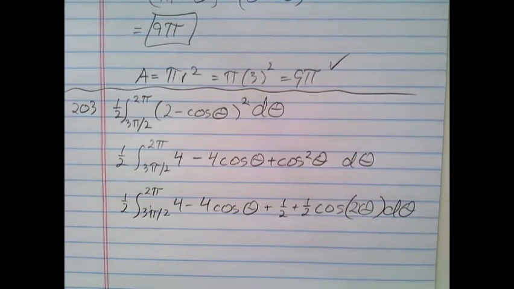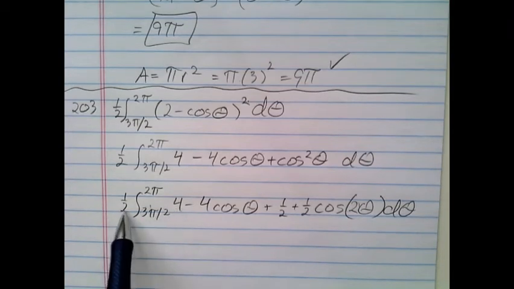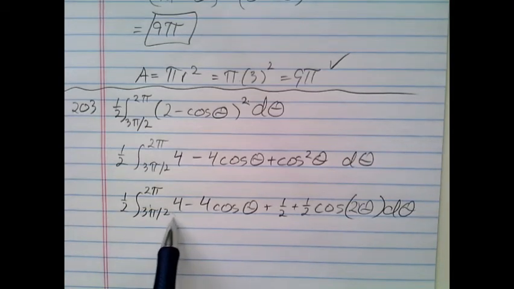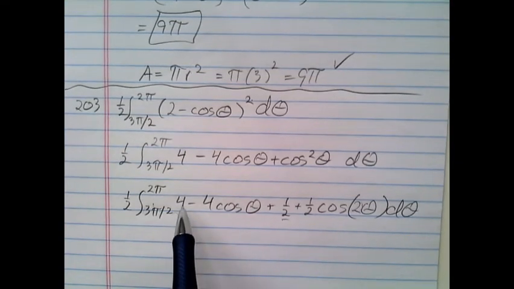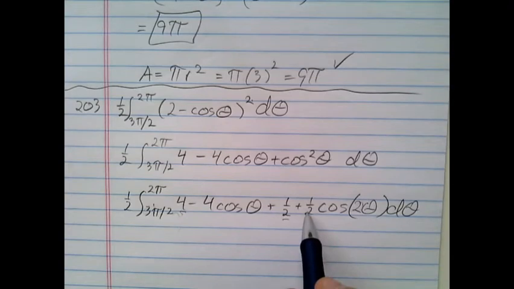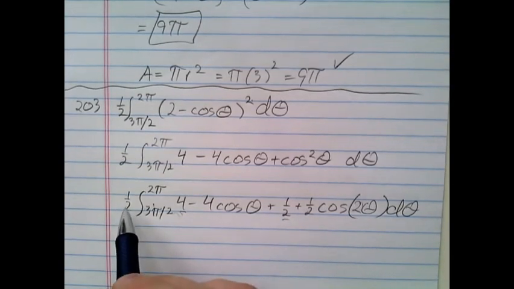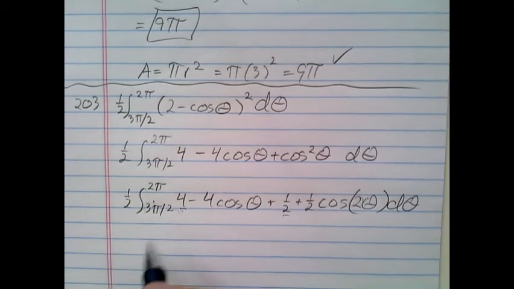I'm going to distribute the 1/2 back through, and I'll combine these constant terms. So 4 is 8 halves, plus 1/2 makes it 9 halves, but then it's multiplied by a half, so that's 9/4.